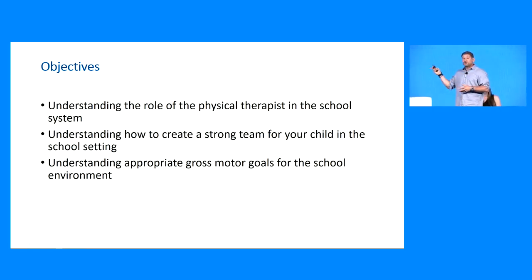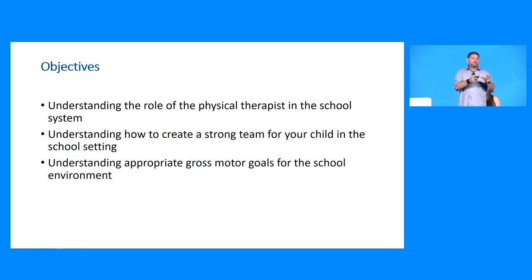So understanding how to create a strong team for your child in the school setting is really important. And then, what are appropriate goals? What are realistic goals in the school?